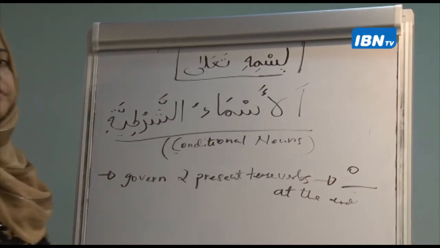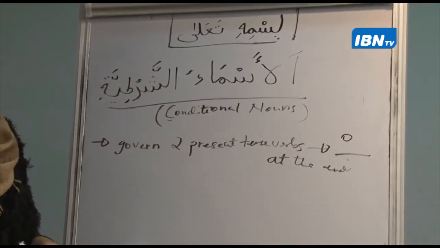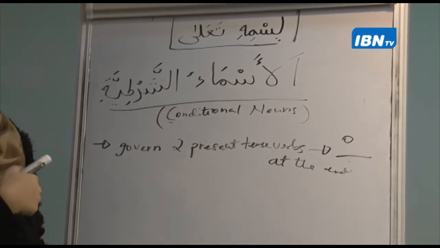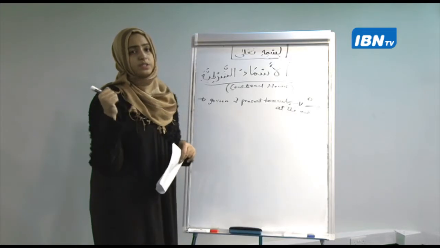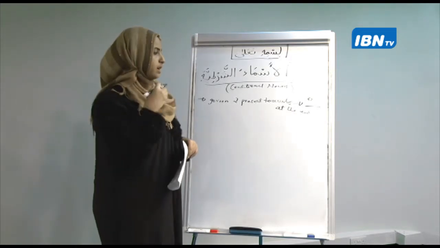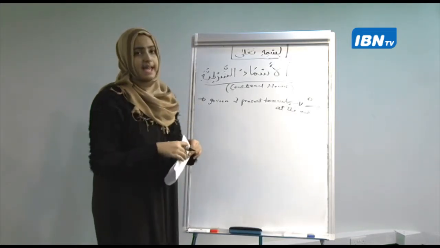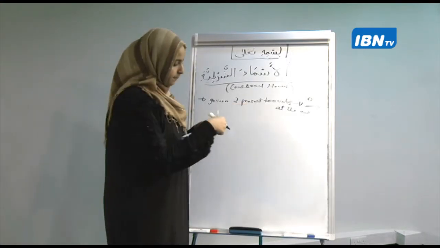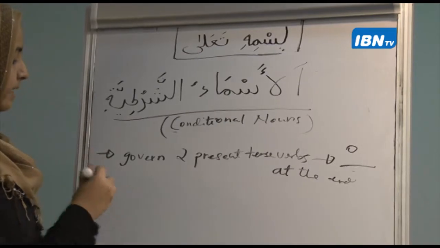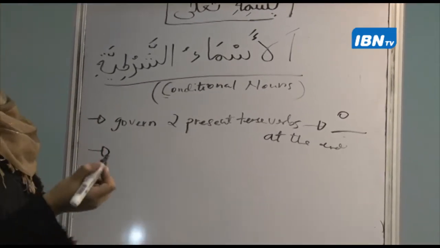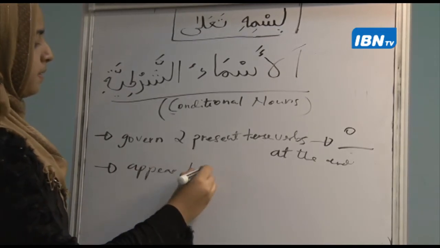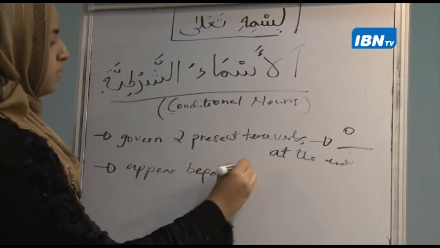But do not confuse the huruful jazima with the asma'u shartiya, because this is a conditional noun. Those are not nouns, they're just particles which affect the verb in the same way as this conditional noun will affect the verb. Okay, and they appear before two sentences.